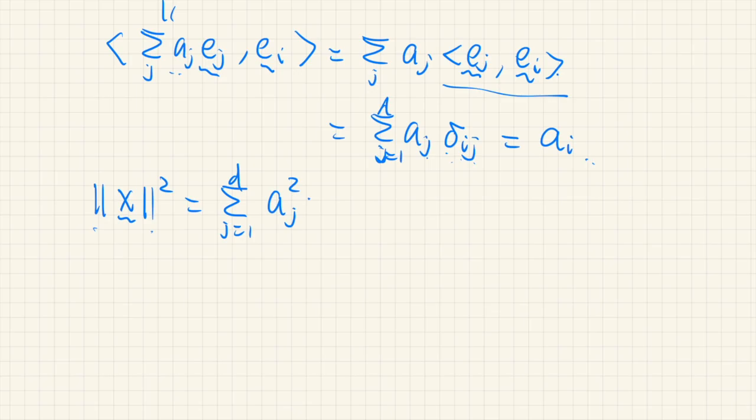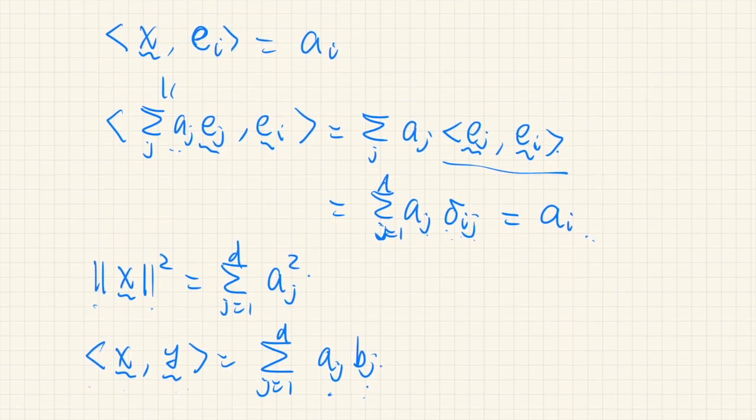And next, consider the inner product between x and y. If you do a similar calculation, we find that this is just the sum of the products of the coefficients, aj times bj, summed over all possible j's. That's the inner product between x and y.